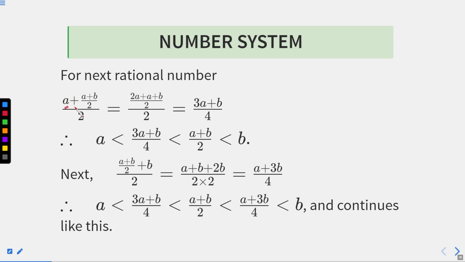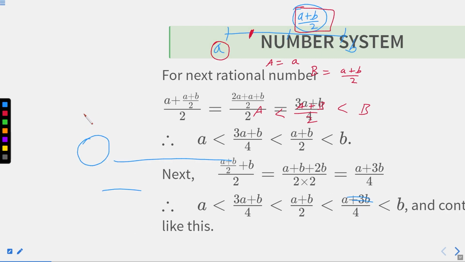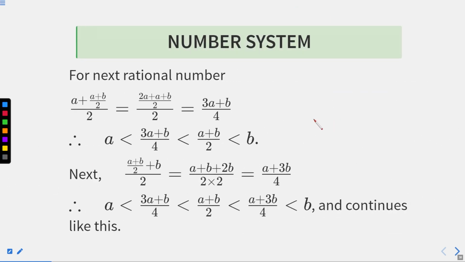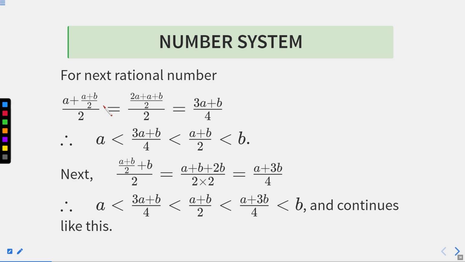So a is a, b is (a+b)/2, and applying the formula, ((a+b)/2 + a)/2. Now solving, we get just (3a+b)/4, and we already know this (3a+b)/4 is greater than a but less than (a+b)/2, and that number is less than b. So in this way we have two rational numbers between a and b.